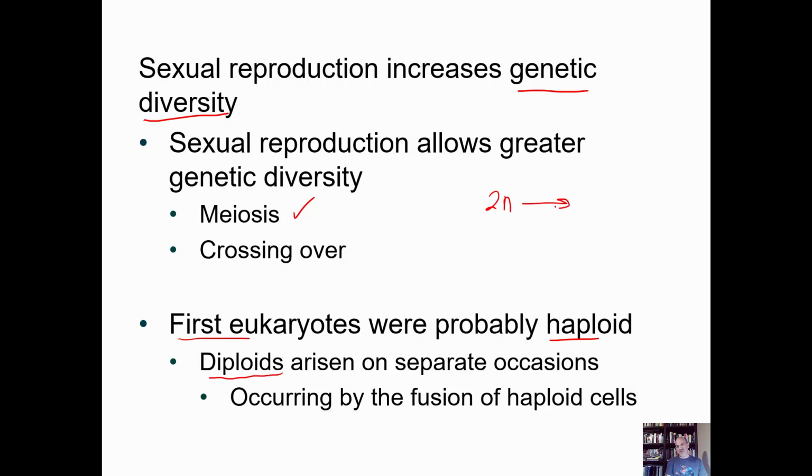If you go through normal mitosis, that is not going to give you genetic diversity. You're going to get two genetically identical cells with one cell division.